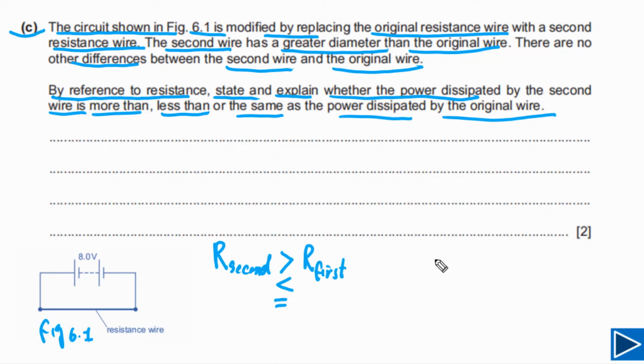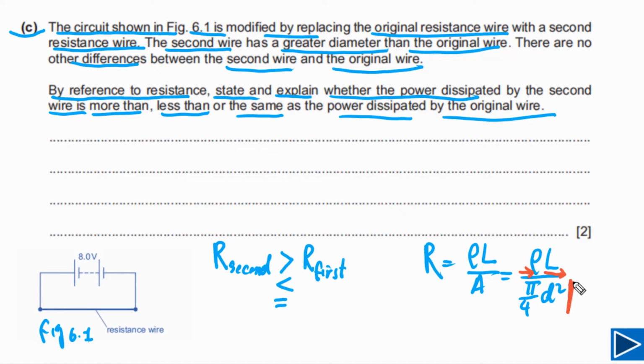For the second wire, it is given to us that the diameter is greater. So we can write down resistance is equal to rho L by A, and A is the cross-sectional area. We can write down cross-sectional area is equal to pi by 4 d squared. The second wire has the same resistivity, and the length of the wire is also the same.